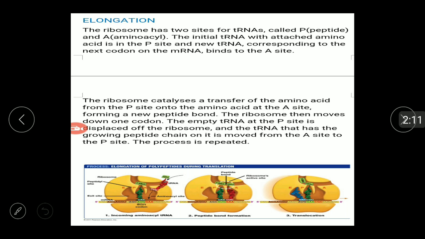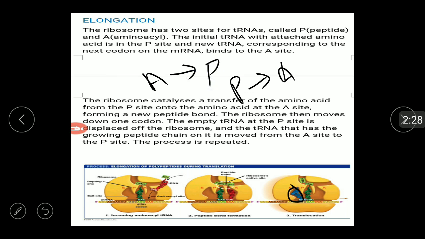Next, the former one moves from the P site to the A site, and whichever was previously at the A site is now at the P site.